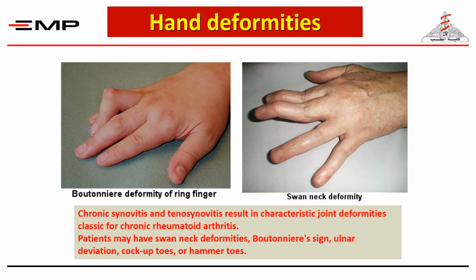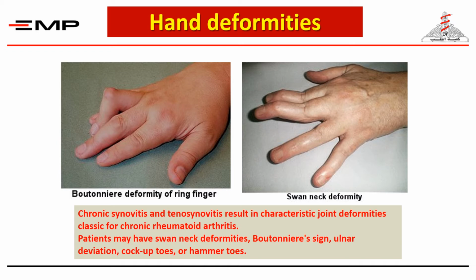Here there are hand deformities which can occur later on in the course of the disease, causing boutonniere deformity of the ring finger as we see, which causes hyperextension of the distal interphalangeal joint and flexion of the proximal interphalangeal joint.